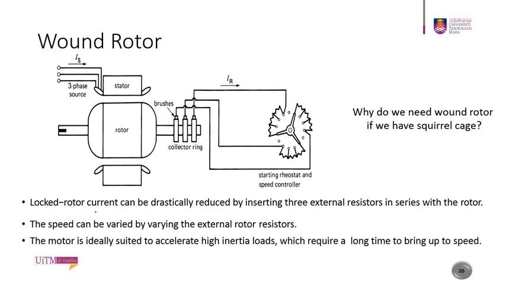So lock rotor current usually will happen for big torque loads. Okay, so sometimes it's a problem for bigger machines, bigger load, and this can solve the problem. So the motor is ideally suited to accelerate high initial loads, okay, and it requires a long time to bring up to speed.